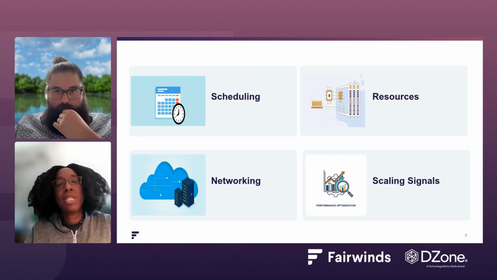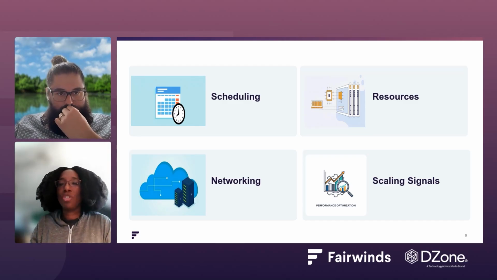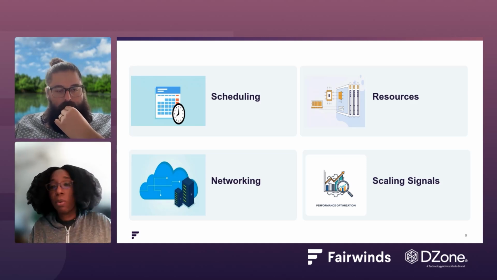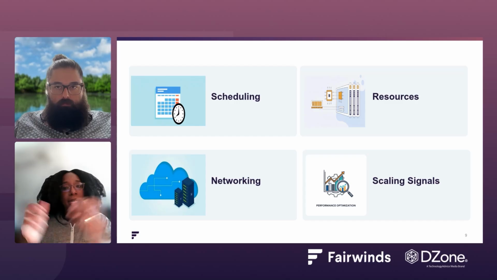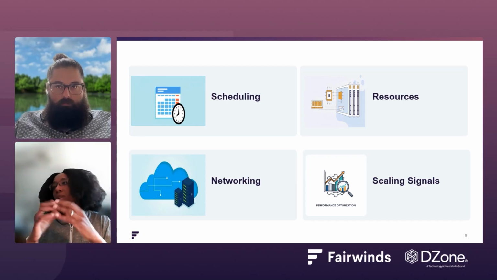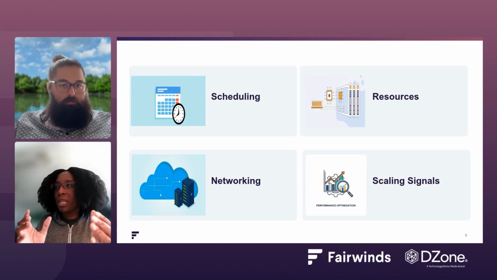Networking: generally you just throw things into a Kubernetes cluster and networking just does what it does and it's usually fine. But depending on how you've decided to deploy your inference workload, if you've decided to split things up and be disaggregated, then network latency and having things scheduled close to each other are very important.